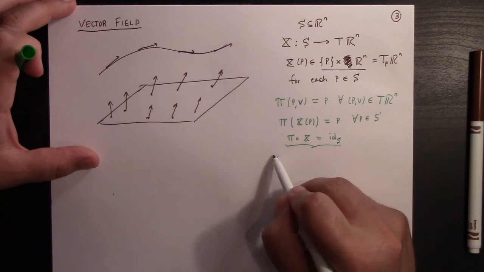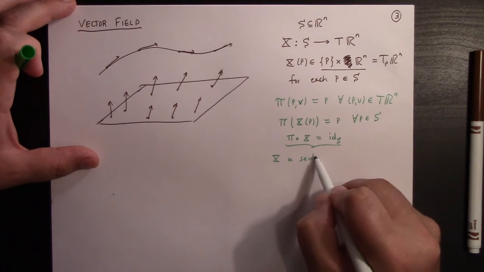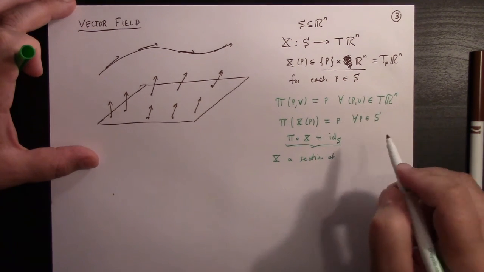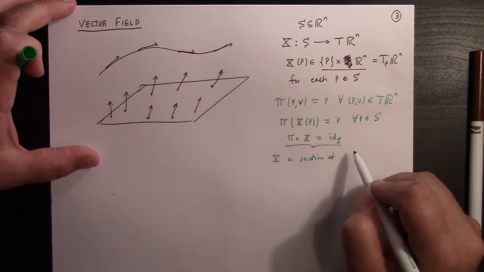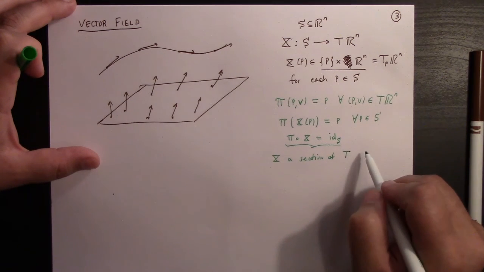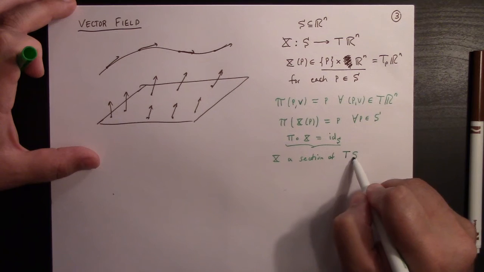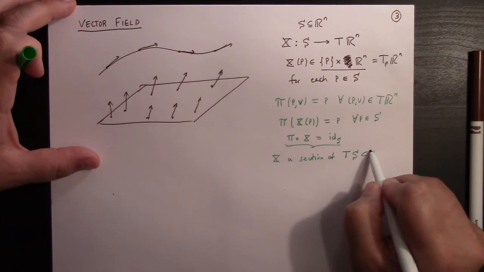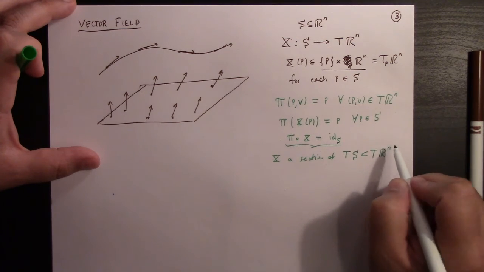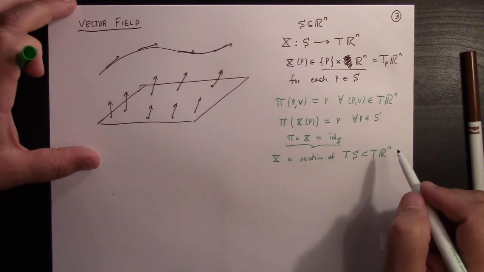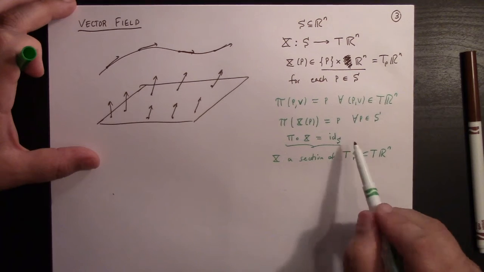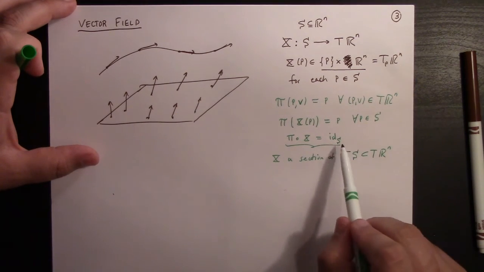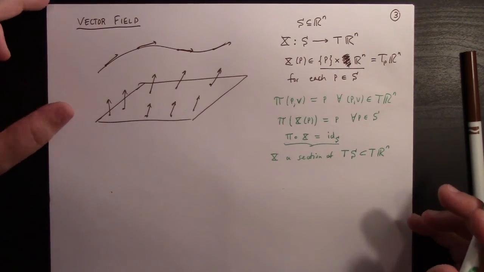And this makes X a section of, and I think typically people would call it, TS. TS is naturally a subset of T R^n, whatever. It's a section of a restriction of the tangent bundle to the object of interest, whether it's a curve or a surface or whatever.